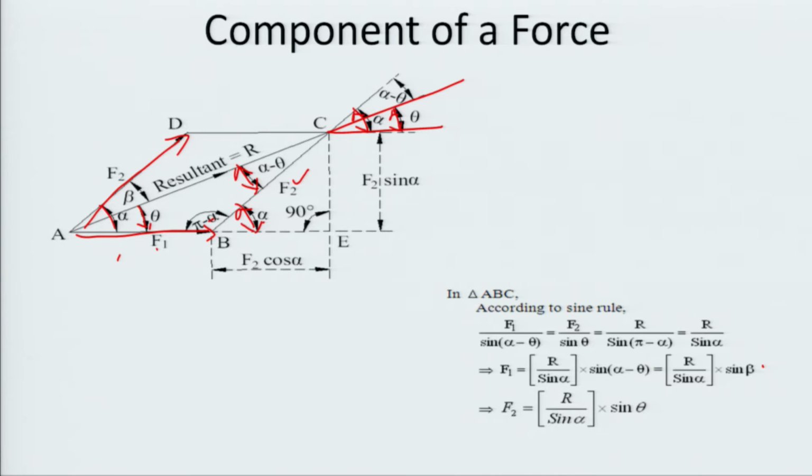If here alpha is 90 degrees, then what will be the value of F1?